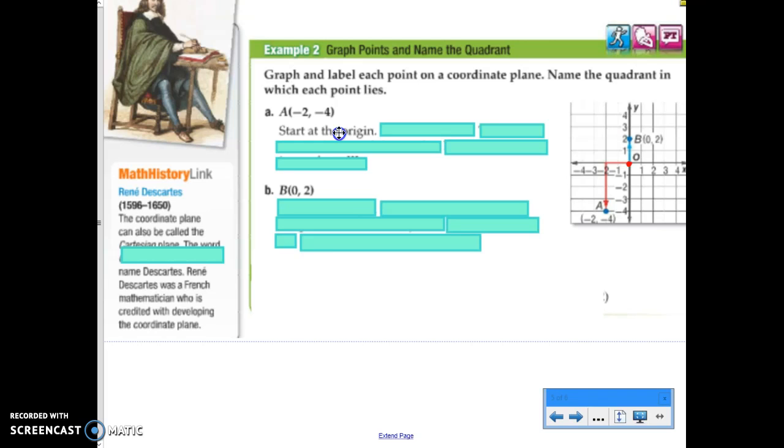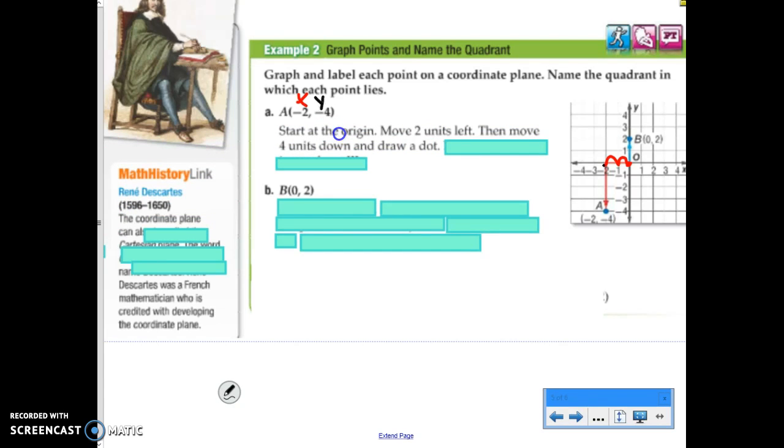I know that I need to move 2 units to the left because my x-coordinate is a -2. So here they came over 1, 2. The next thing I need to do is move 4 units down because my y-coordinate is a -4. So I start here and say 1, 2, 3, 4. And then I make a point and label it point A.